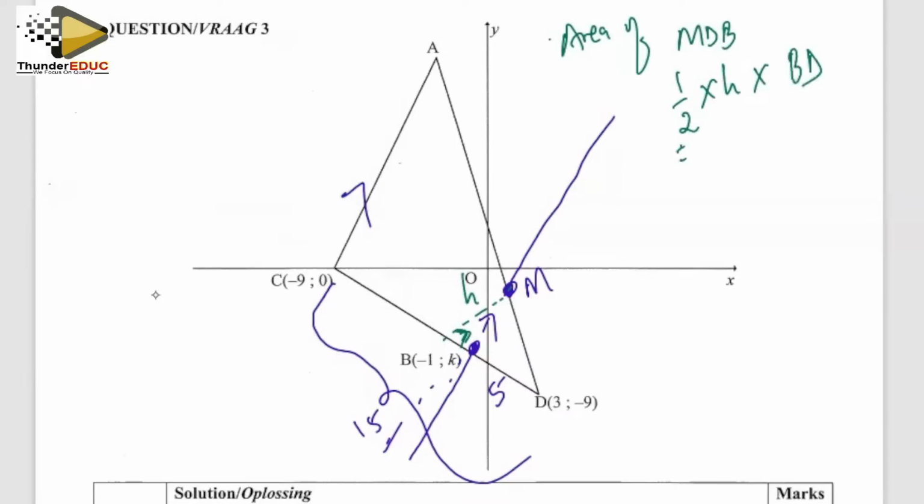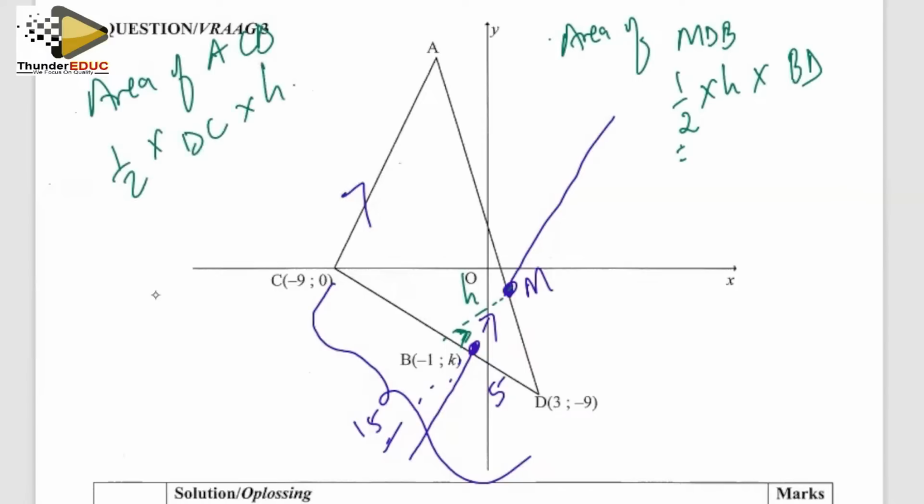Then if I look for the area of the big triangle, which is ACD, I'm going to use the same height for this case, okay? Which is a half times the entire distance, which is our base, which is DC, multiplied by the same height.